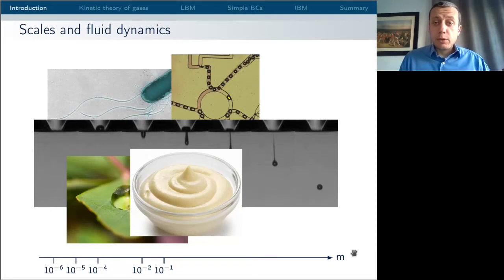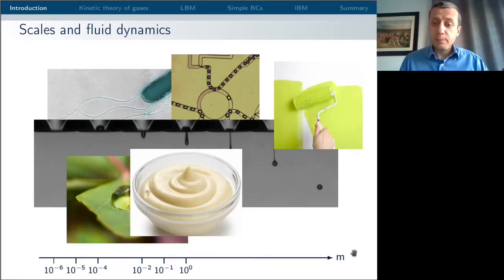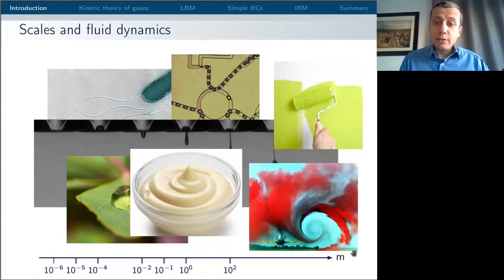You can think about fluid mechanics in food, for example mayonnaise here, where the length scale is typically centimeters or tens of centimeters. When you are painting a wall, now we're talking about meters.